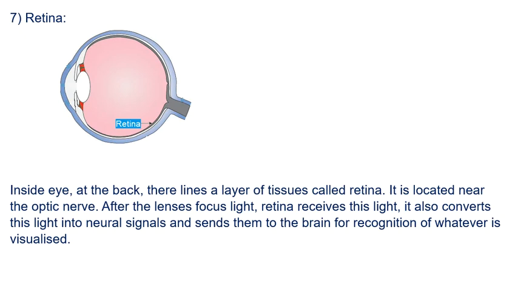Neurons are the tissues which can capture the signals and pass them on to the destination, that is the brain. So the neural signals are the signals generated by the retina for the brain, carried through the optic nerves, which send them to the brain for recognition of whatever is visualized.